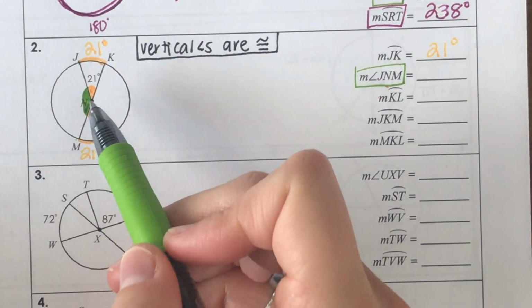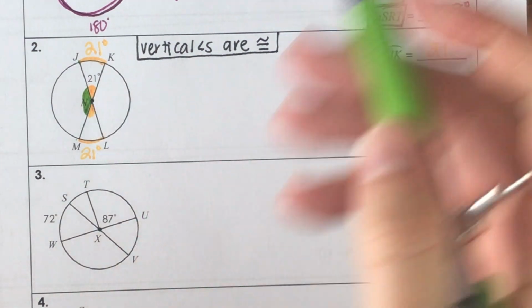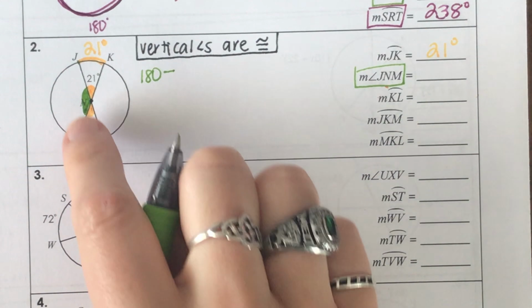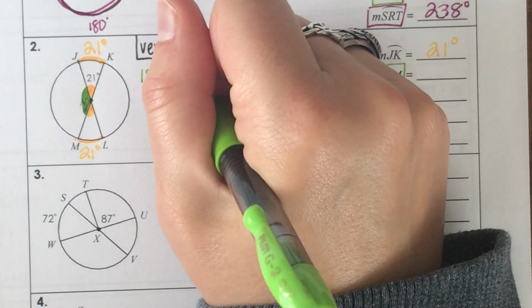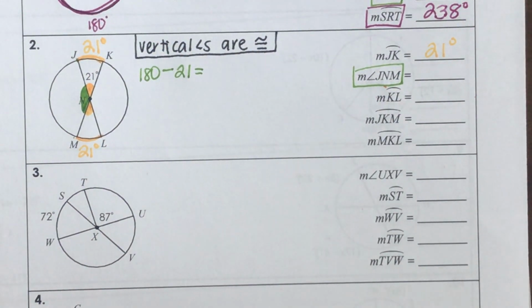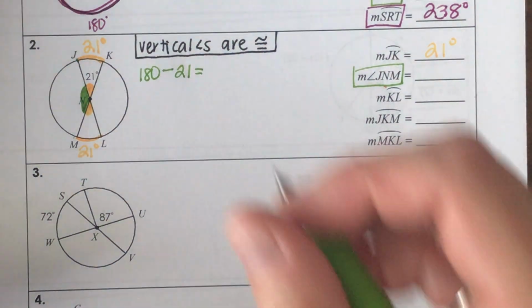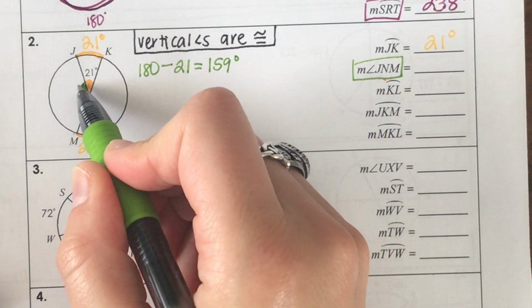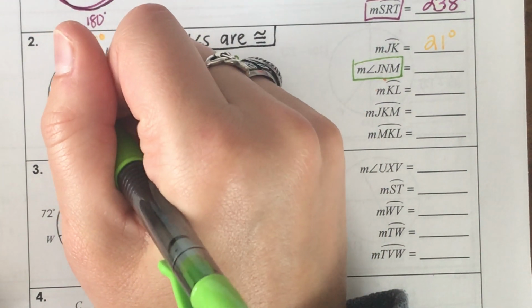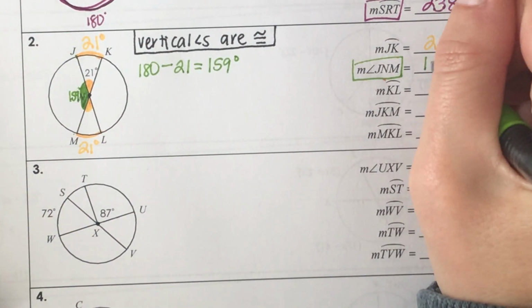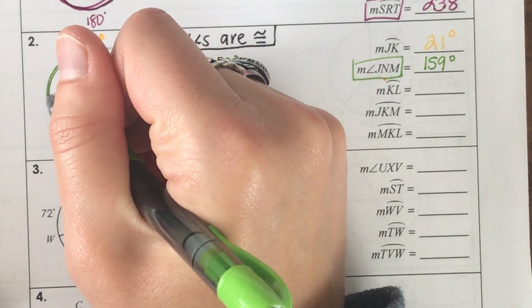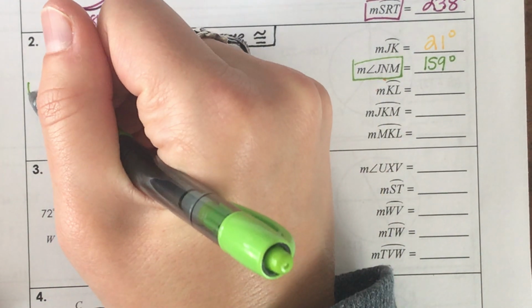So in order to find this angle right here, I'm going to take 180 and subtract 21. When I do that, I get 159 degrees. So that means this angle is 159 degrees. That also means that this arc is 159 degrees.